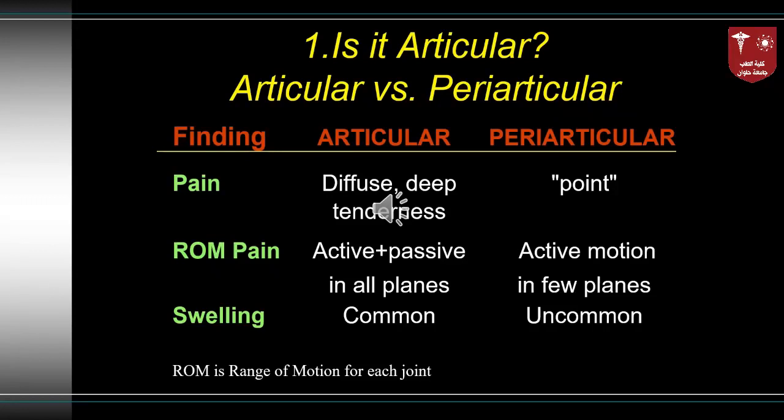In case of periarticular, only the active motion is painful, because in this active motion he uses the muscles, tendons, and so on, but the passive only moves the joint but not the surrounding tissue. The swelling is common in case of articular, but it is also present, though not commonly, in periarticular affection.